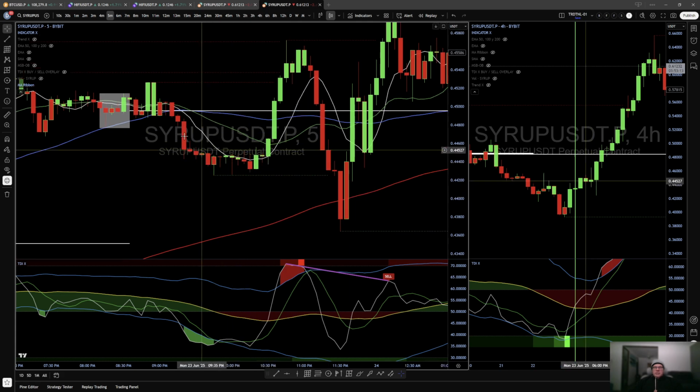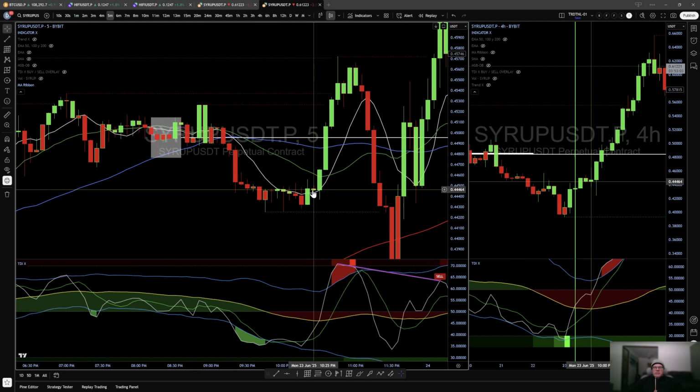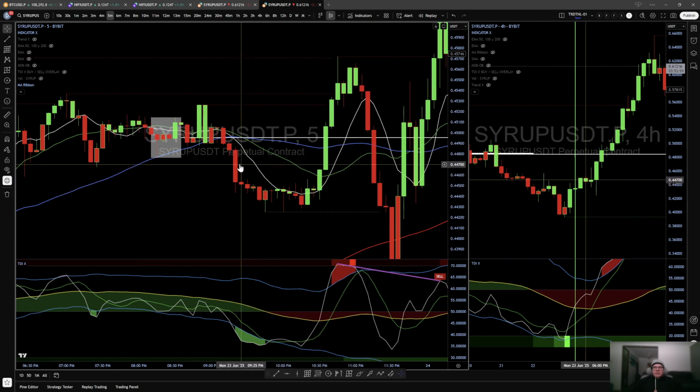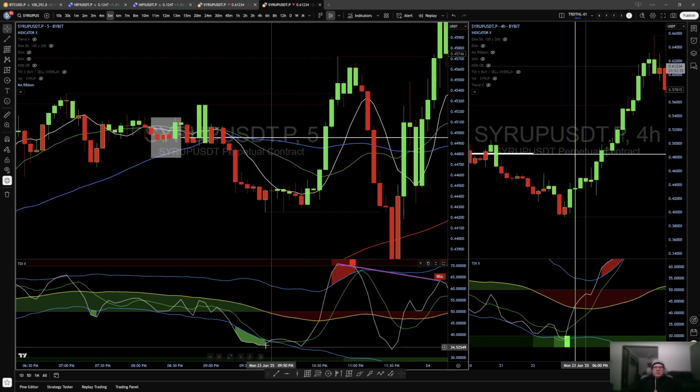Not only because it wasn't sharp, but if it was kind of dull like this, I would have waited for more confluence. I would have waited for price to get above this 8 SMA. I wouldn't have entered here because it could have kept pushing down.